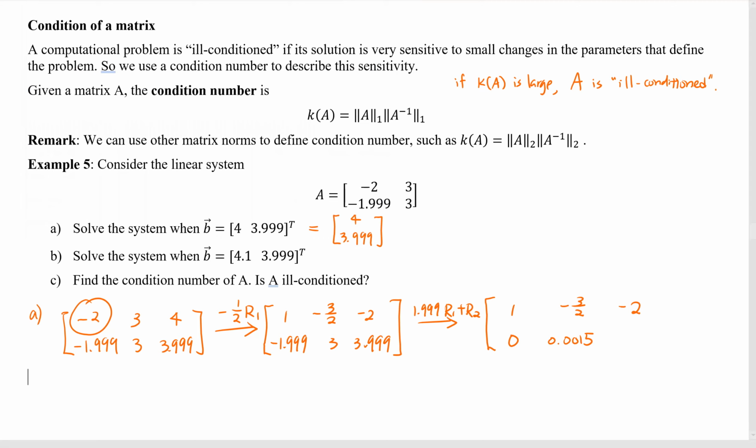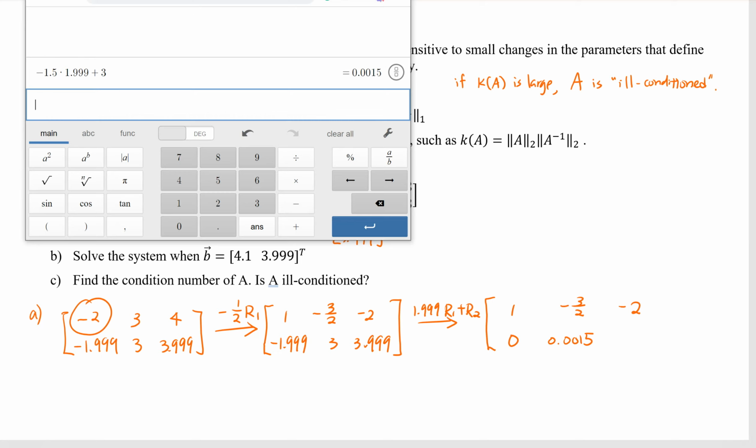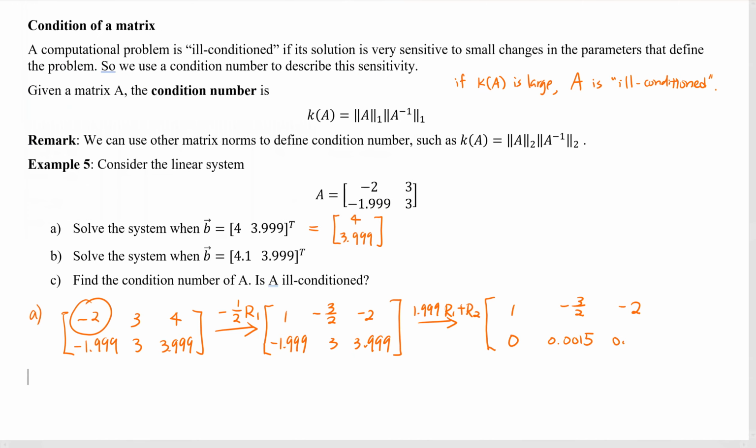So far, so good. The next entry: -2 times 1.999 plus 3.999, and the answer is 0.001.